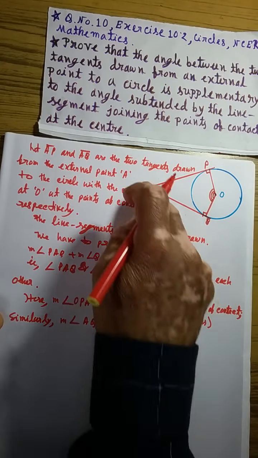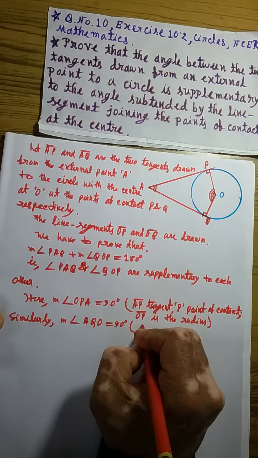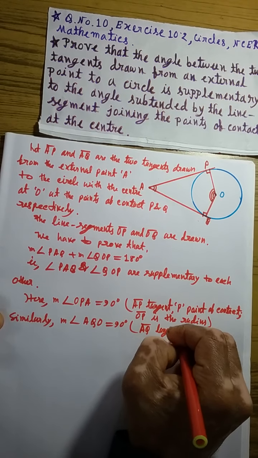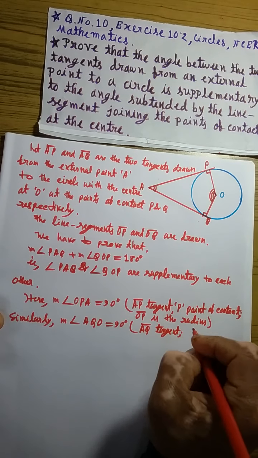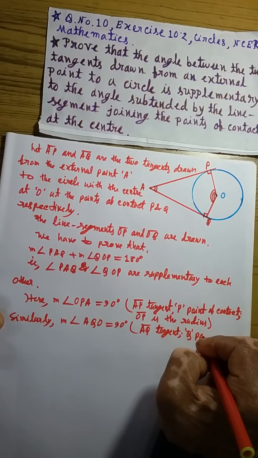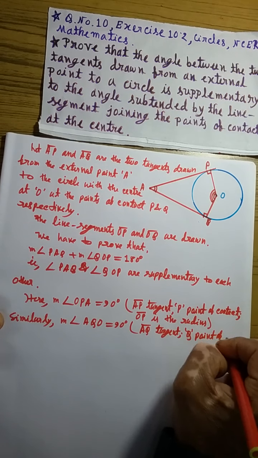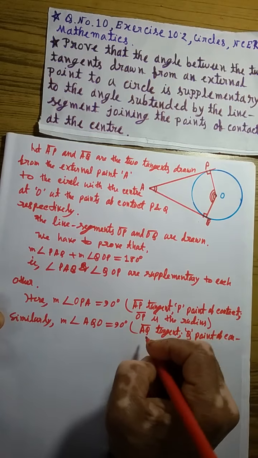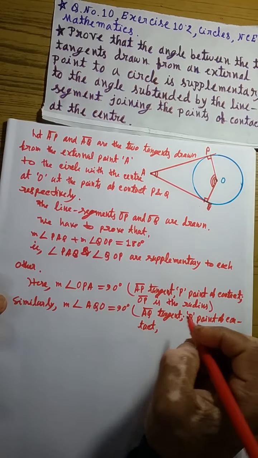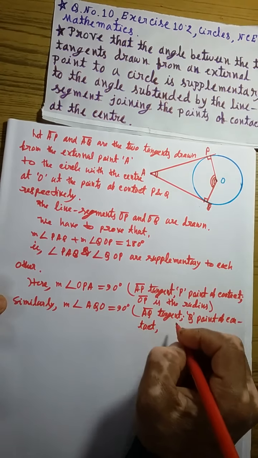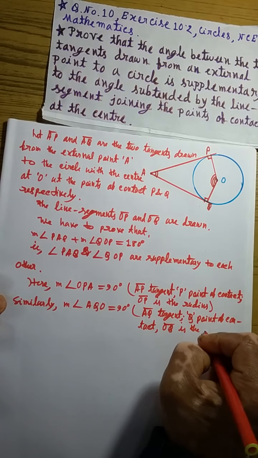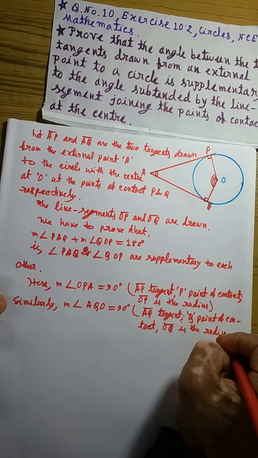Write within bracket: AQ tangent, Q point of contact, OQ is the radius.